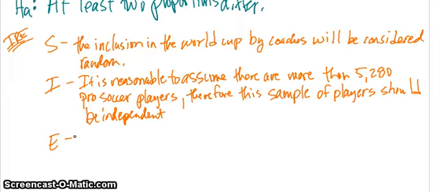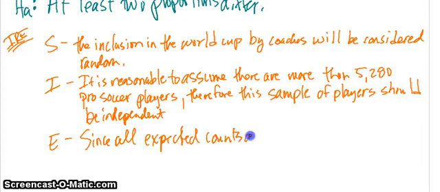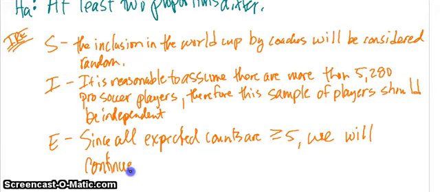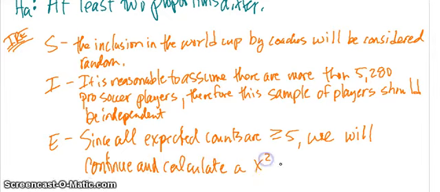And E, so we might be saying, since all expected counts are at least 5, we will continue and calculate a chi-square goodness of fit test.